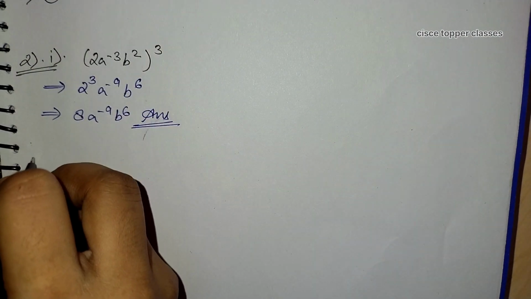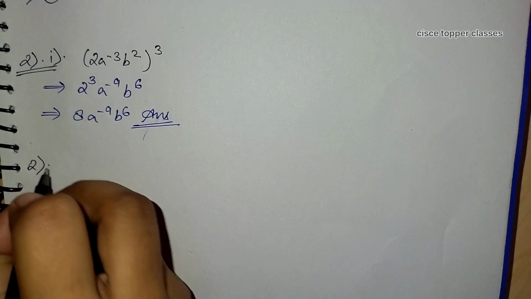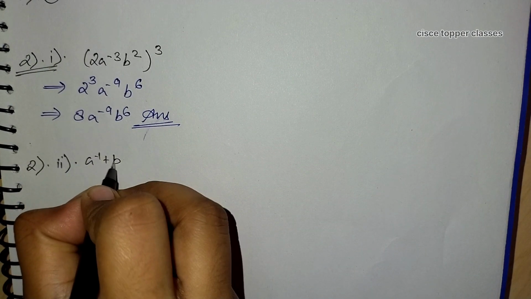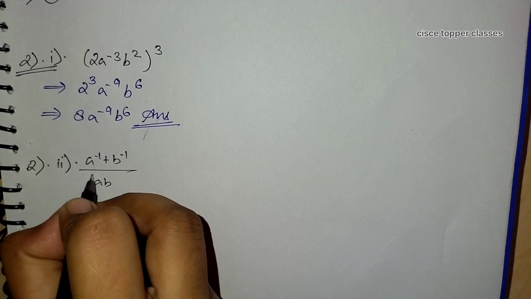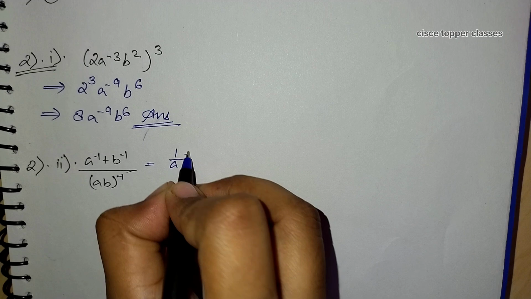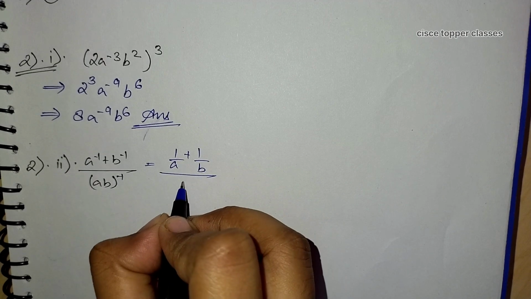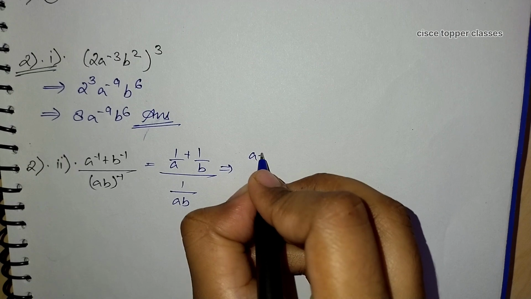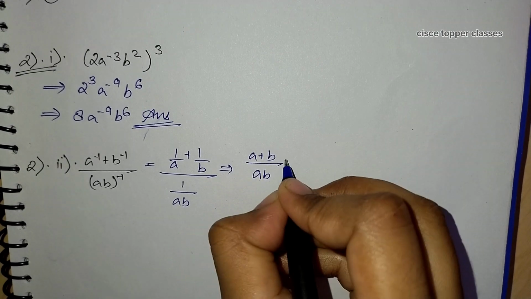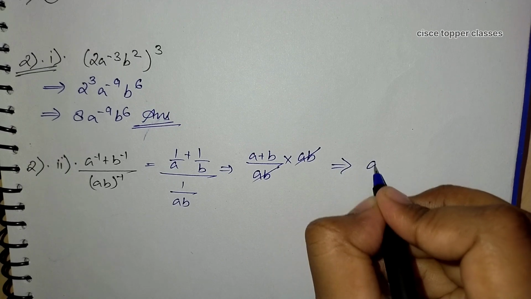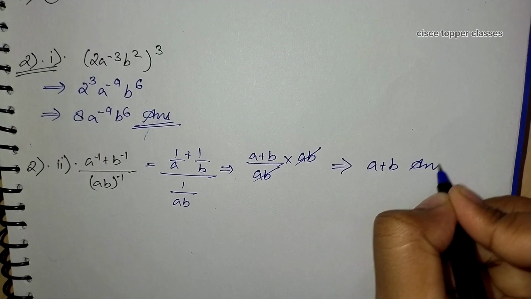Now let us solve the second part, which is (a^(-1) + b^(-1))(ab)^(-1). We can write it as (1/a + 1/b) divided by 1/(ab) equal to (a+b)/(ab) into ab. This will be cancelled out and here we will get a + b as the final answer here in this question.